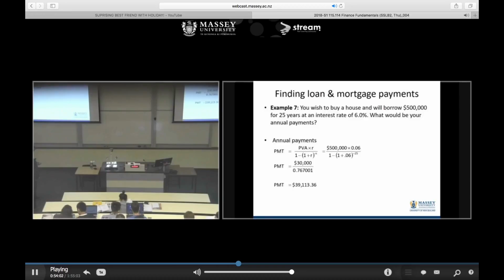So we've got $500,000 is what we're borrowing as a present value amount. What do you think the future value of the loan will be after 45 years? So it's 500,000. Well, no, the future value of the loan.